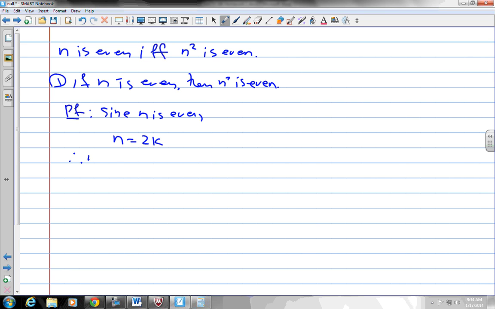So therefore, n squared equals 2k squared, which is 4k squared. Is 4k squared even? Yeah. I mean, I have to get all very precise. It's 2 times 2k squared, where this is some other integer, m. So it's 2m, so it's even. So that part is done.